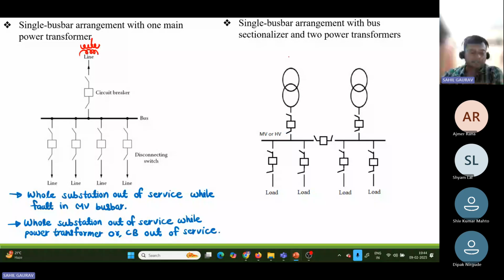In this second case, we have a single bus arrangement with bus sectionalizer and two power transformers. The top lines you can say are sub transmission lines. And then these are power transformers.